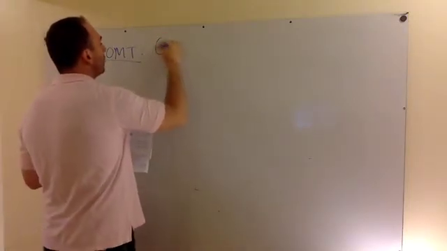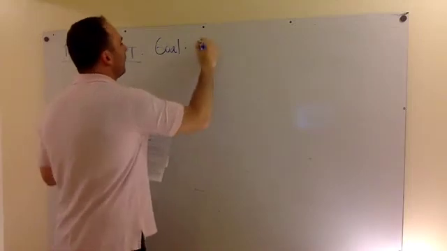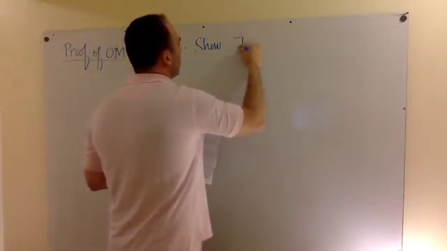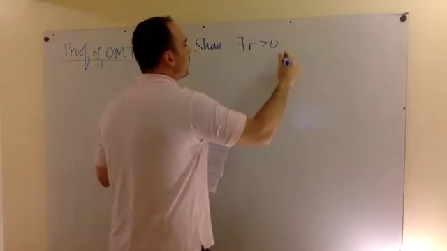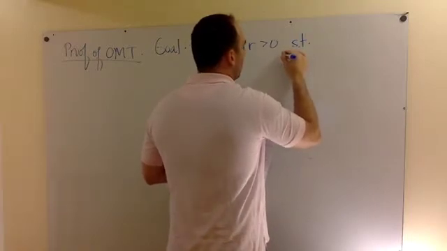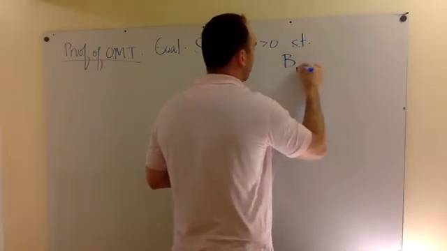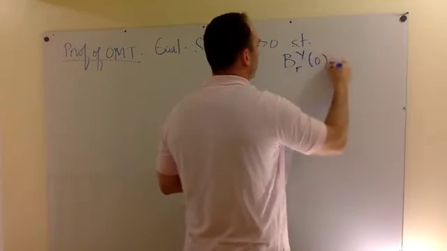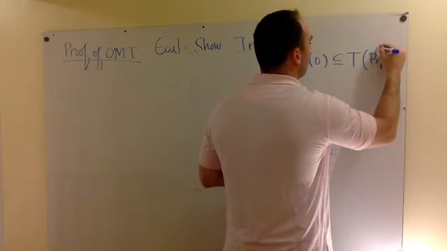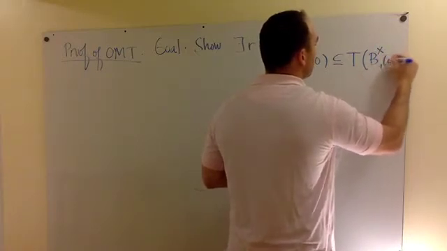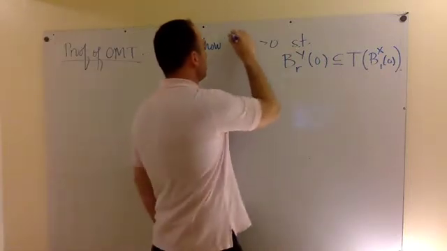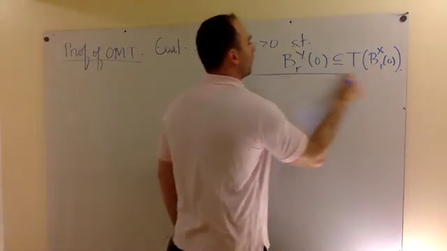Our goal is to show there exists an r greater than 0 such that B r in Y of 0 is contained in T of B1 in X at 0. Okay, so this is what we want right here.